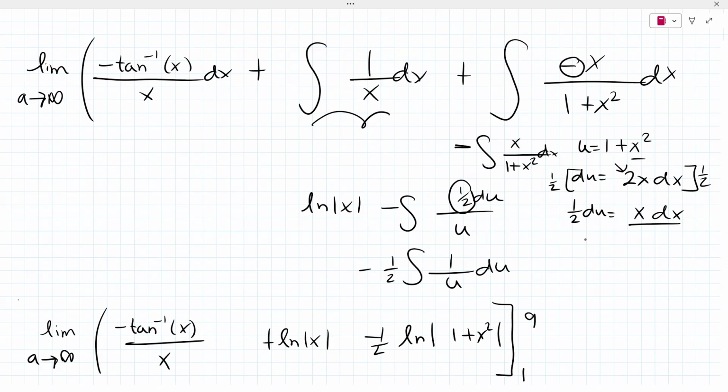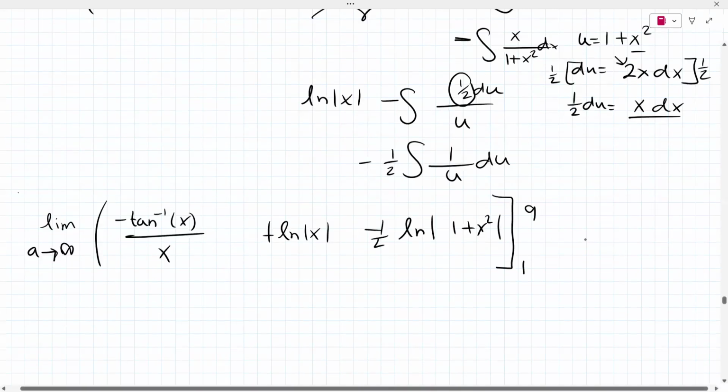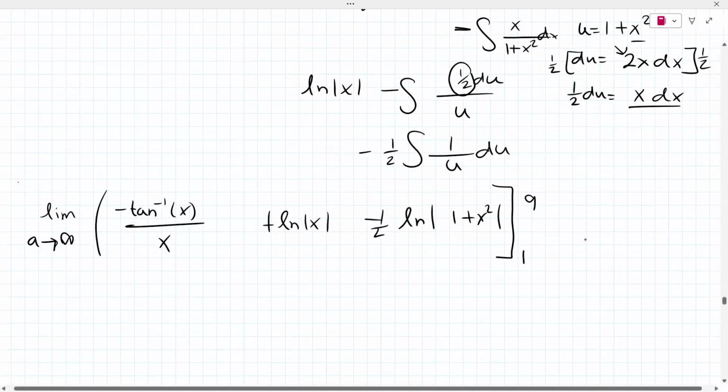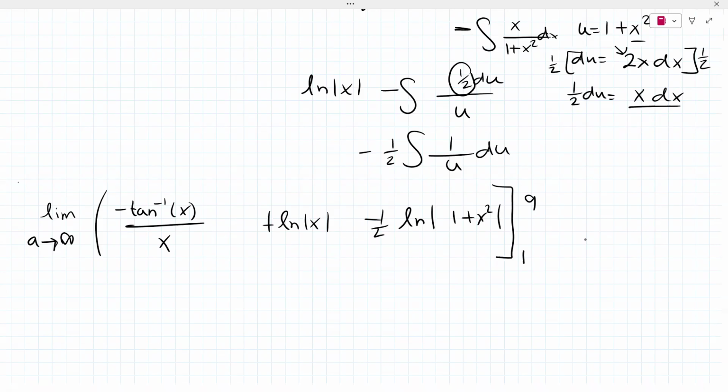To a, sorry. That's not a 9, that's an 8. And then you apply the upper minus the lower, right?